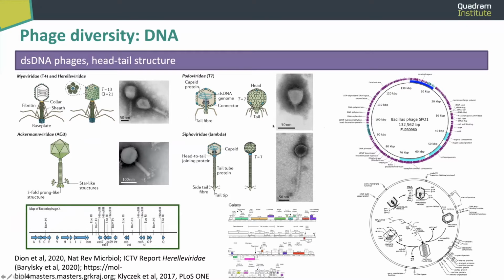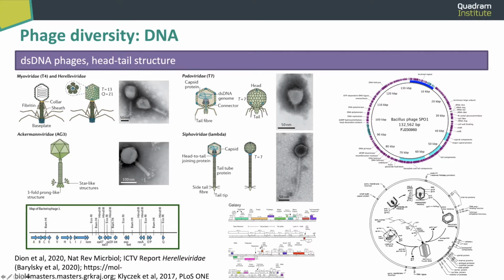And then we have our all-time favorites, the tailed phages. So we have multiple different morphologies of them and multiple different genome organizations. And often these genomes are displayed as a circle, as you can see for Bacillus phage SPO1, which is kind of the type phage for the Herelleviridae family, or for the genome of phage T4.